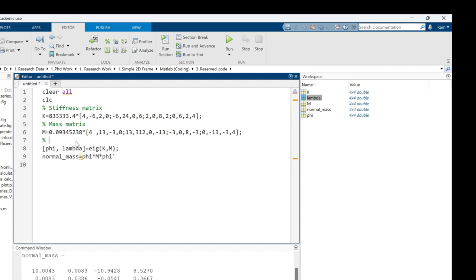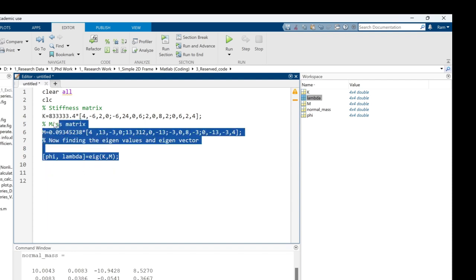Now, finding the eigenvalues and eigenvector. In MATLAB, we give one command where phi is the eigenvector and lambda the eigenvalue, eig is the command, and k and m are the stiffness and mass matrices.